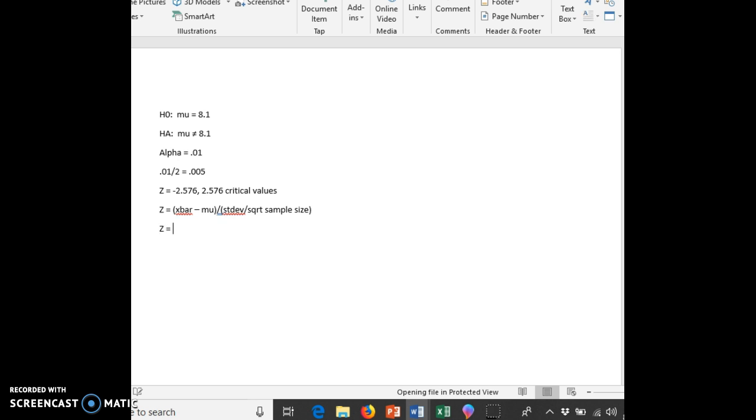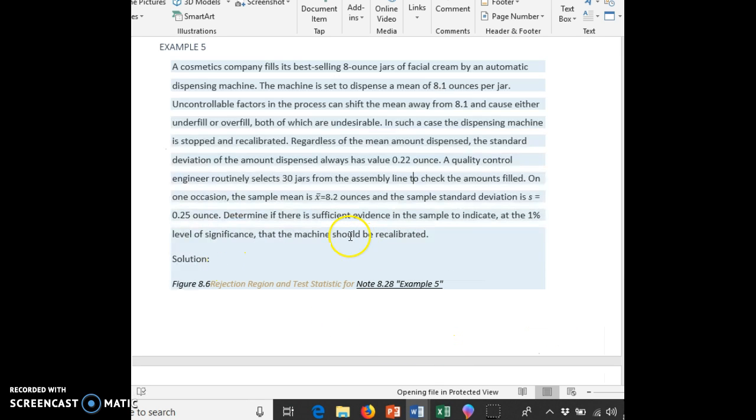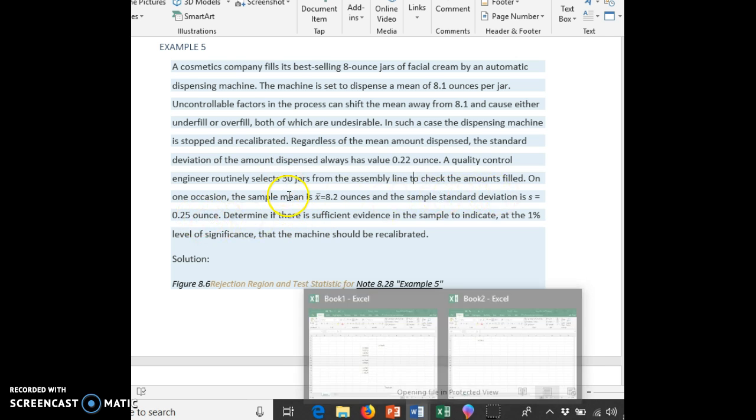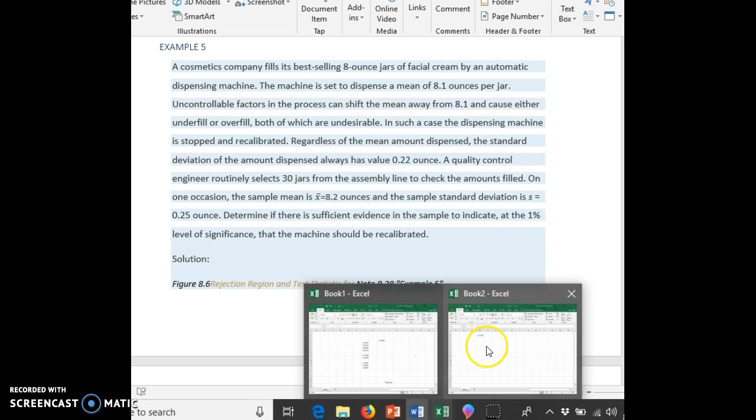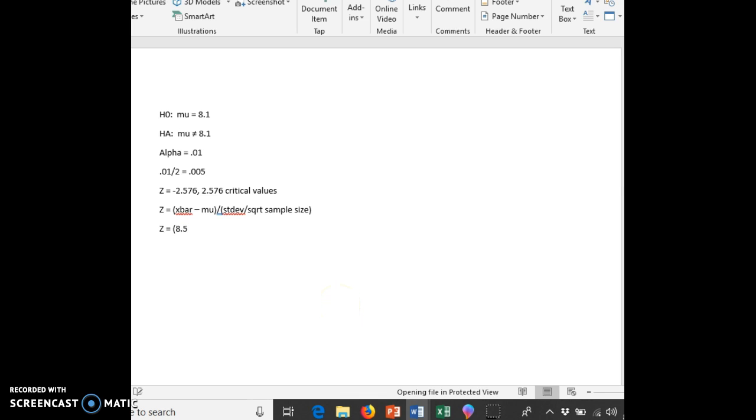Let's see what our x bar was back in our example. X bar was 8.2, the standard deviation was 0.25, and there were 30 jars. So we're going to have 8.2 minus 8.1, our mu from our null hypothesis, and our standard deviation was 0.25, divided by the square root of our sample size, which was 30.